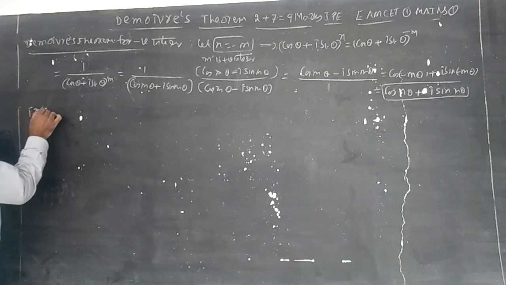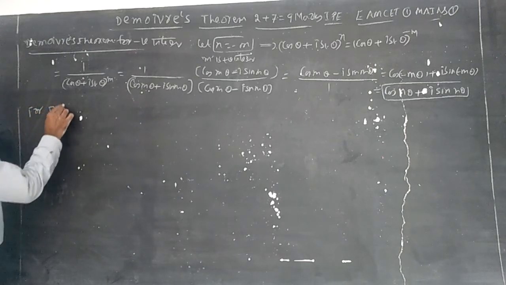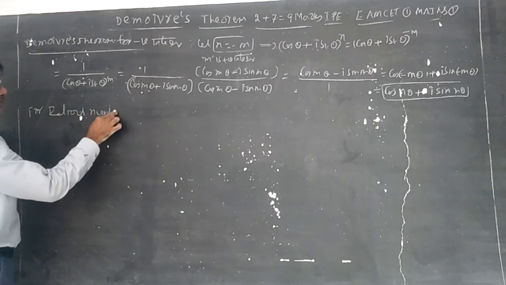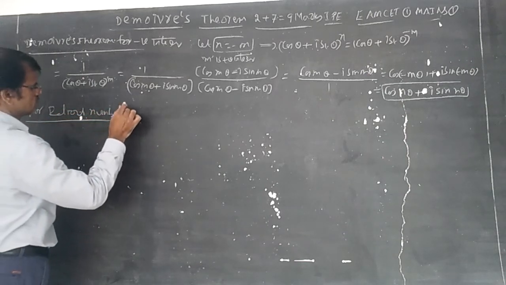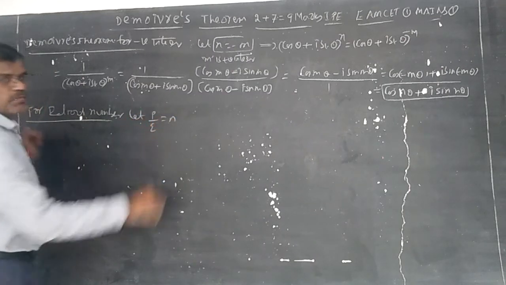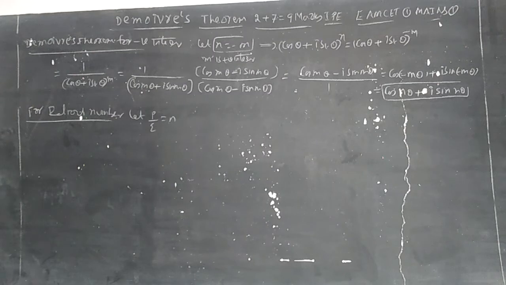Next, for rational numbers, let p by q is equal to n. So p by q is rational, and for a rational index also we can calculate De Moivre's theorem.